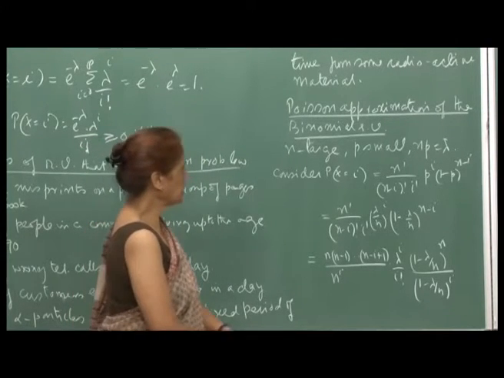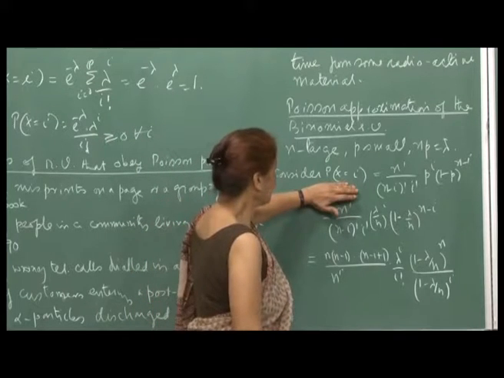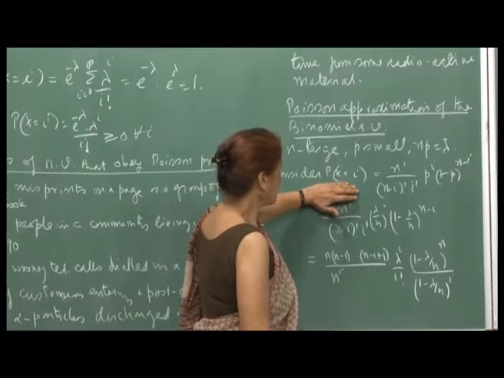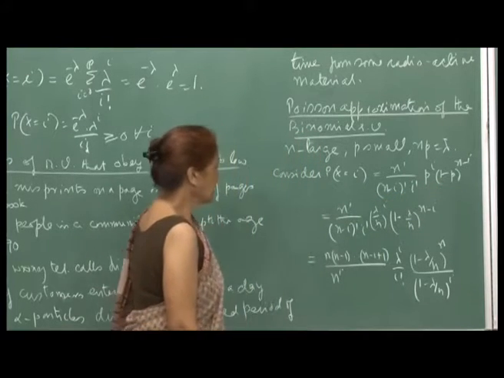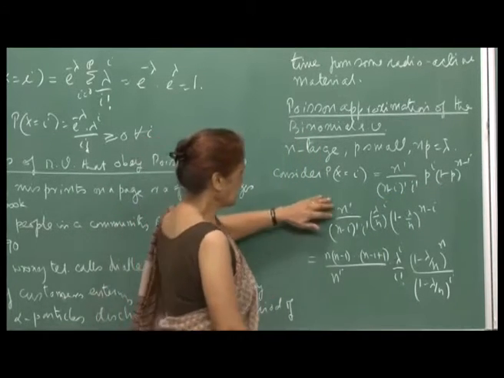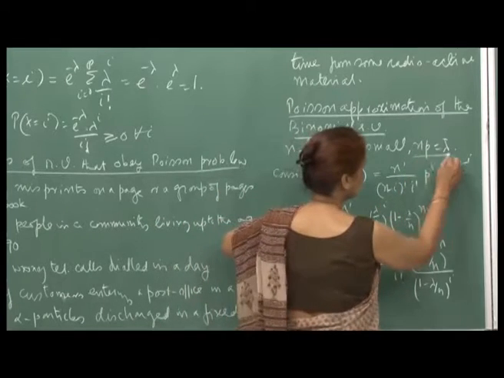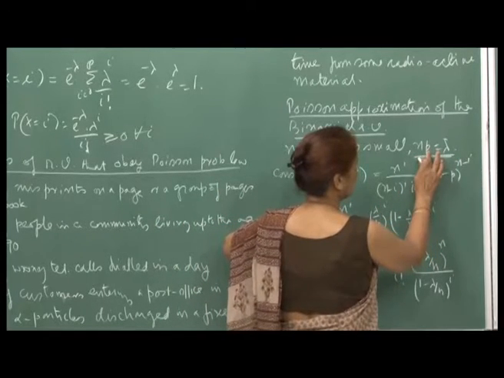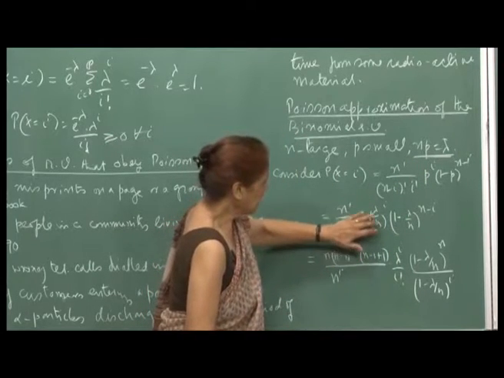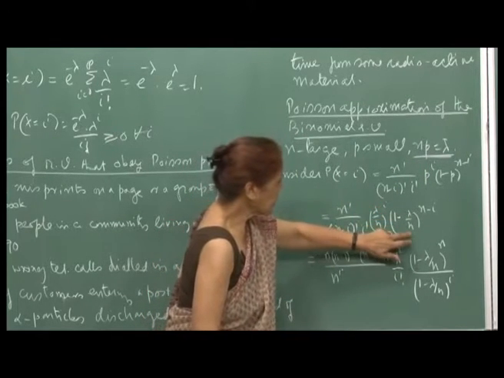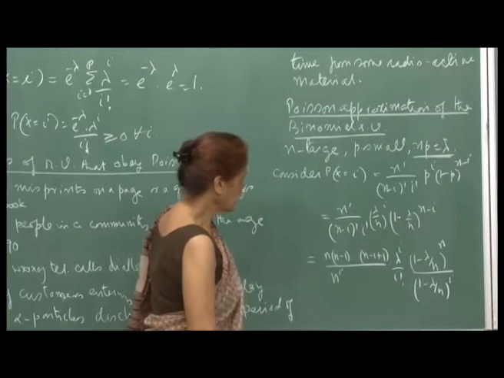Now let us look at the binomial probability for x equal to i. Then let me start writing. Here p is lambda by n, so I will make that substitution: lambda by n raised to i, 1 minus lambda by n raised to n minus i.